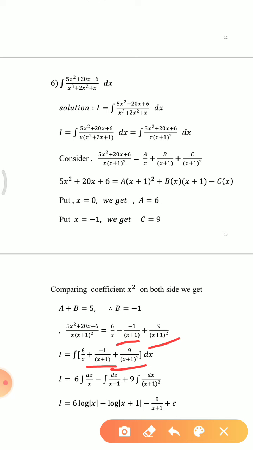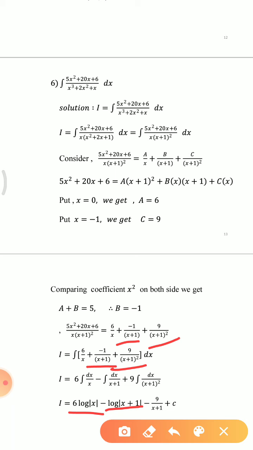Then the integration becomes 6 ∫dx/x - ∫dx/(x + 1) + 9 ∫dx/(x + 1)². Then we find the integrals. The integral of 1/x is log|x|, multiplied by 6 gives 6 log|x|. Minus the integral of 1/(x + 1), which is log|x + 1|.